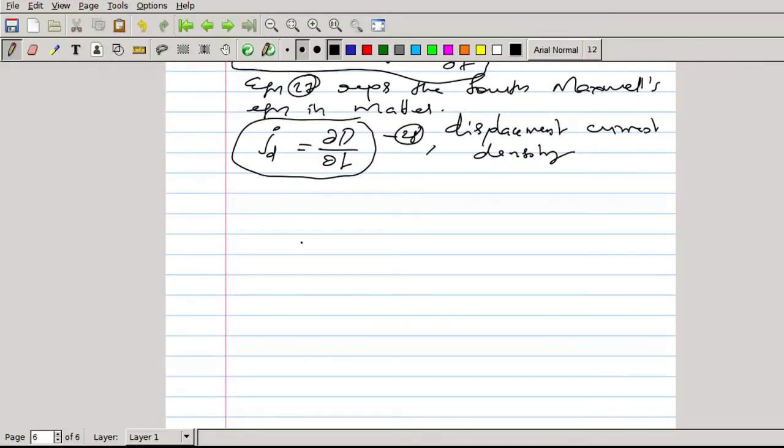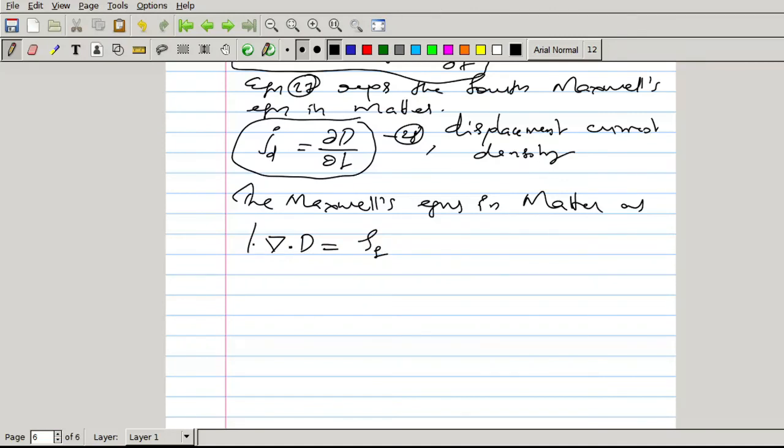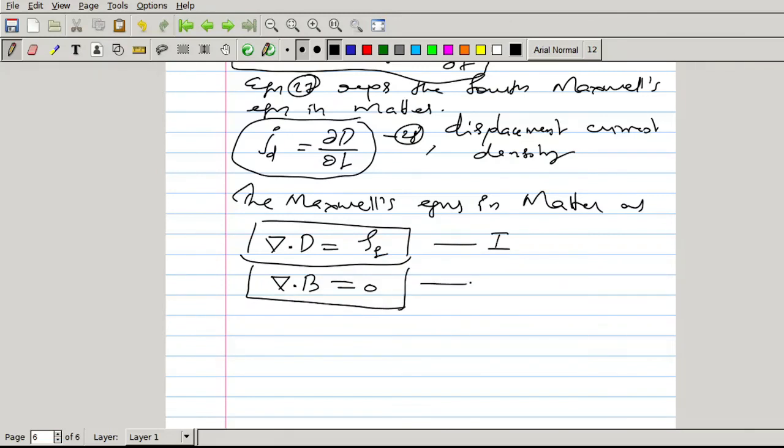So we can write the Maxwell's equations in matter or dielectric medium as, the first equation is del dot D is equal to rho F. So this is the first Maxwell's equation. Second one is del dot B equal to 0. This is the second Maxwell's equation in matter.